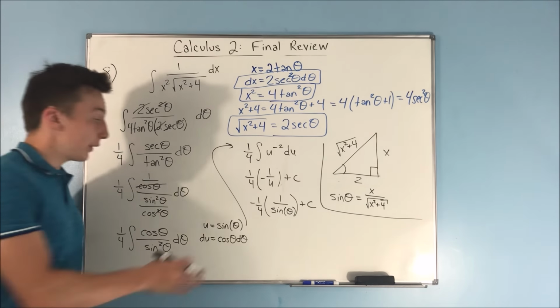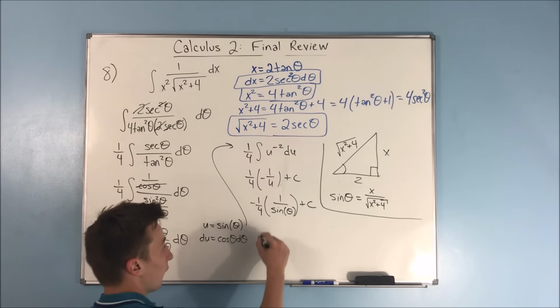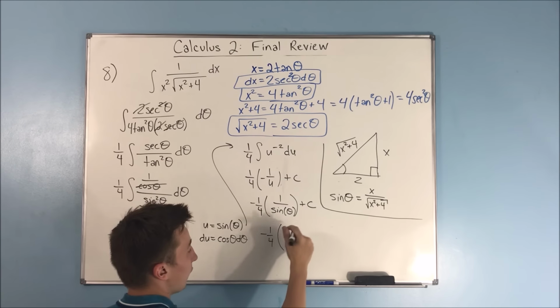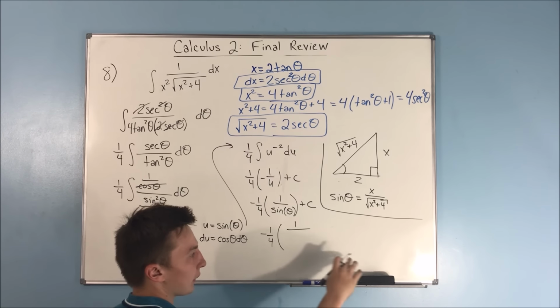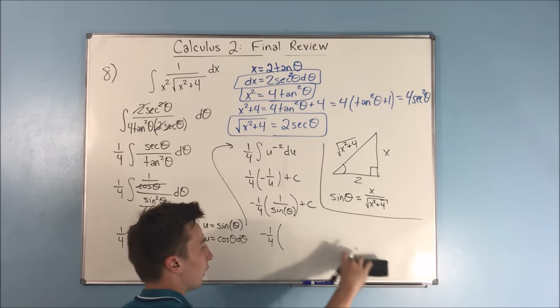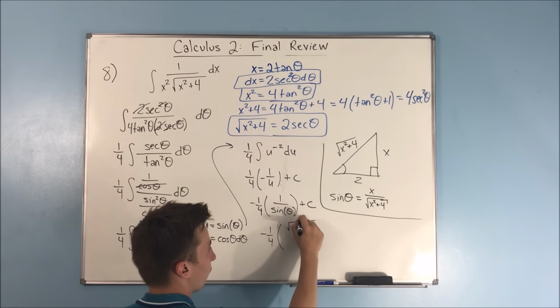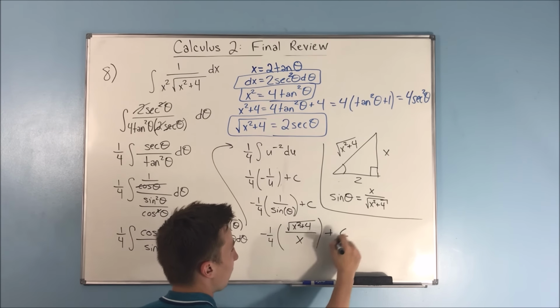So now we can get this into terms of x, and we get -1/4 times 1 over x over rad x squared plus 4, but we can also write this as rad x squared plus 4 over x. And then we can write plus c.